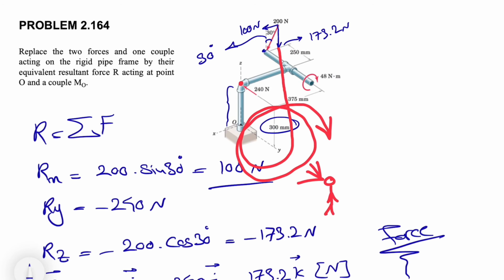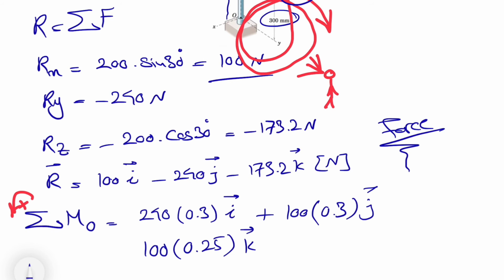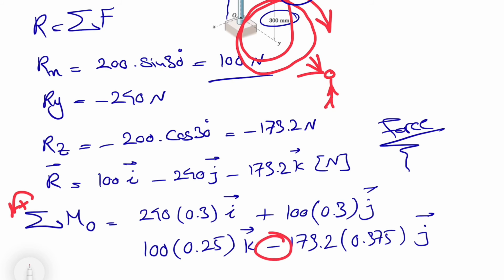This time the moment is clockwise, which means we have a negative sign for a clockwise moment. So if we get back in here, we will have a negative sign for the moment. The distance is simply the distance that we have in here, which is 375 millimeter, and divided by 1000 to get it in meter will be 0.375. The force is 173.2, and the distance, as I mentioned, is 0.375.